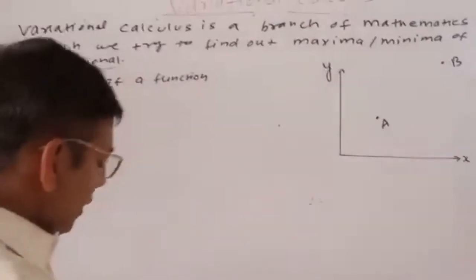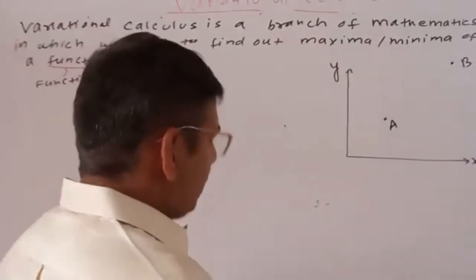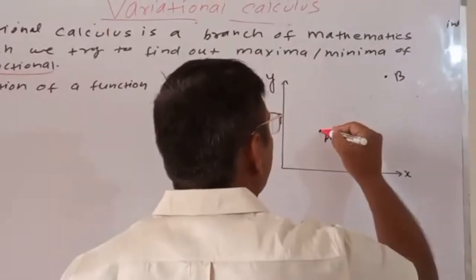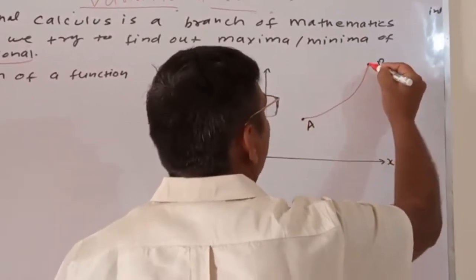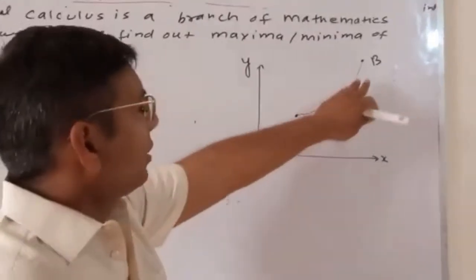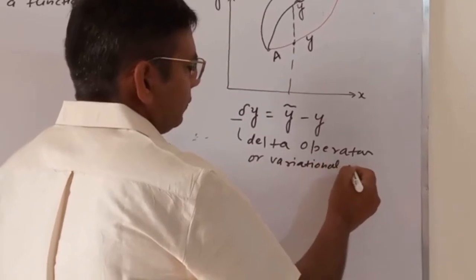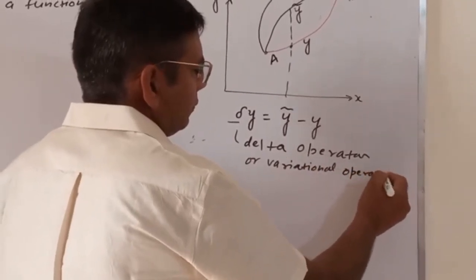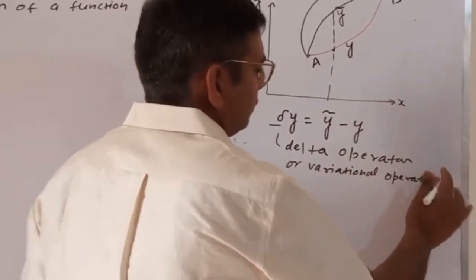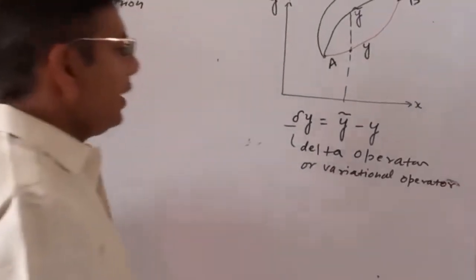So suppose this is our optimum curve, and this is called the variational operator.